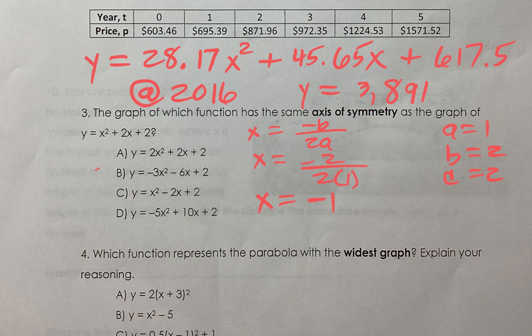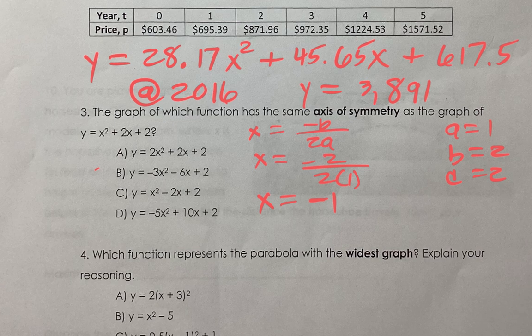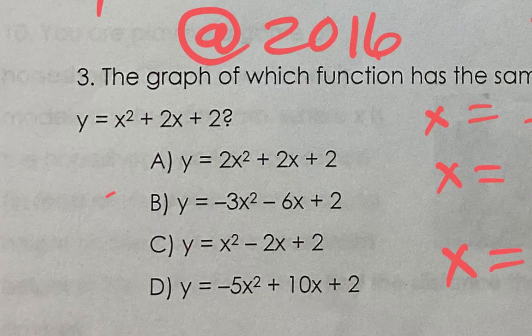Well, let's look and see. Expand this out just a little bit. So here, a is 2, b is 2. So negative 2 over 4, that's going to be negative 1/2. Actually, let's write down what that should be.